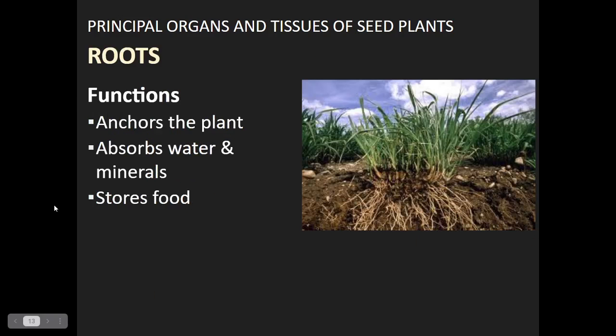Now then there's roots. Of course, the function of the roots is a couple of things. One, it anchors the plant. That's important because plants have to be held in place. Now there's all kinds of roots, and I could spend probably 45 minutes just talking about roots. I'm not going to. But the roots hold the tree in place.